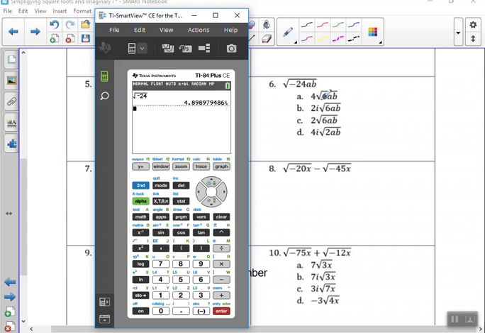Now plug in your answer choice. So I have 4 square root of 6. Hit enter. It doesn't match, right? It doesn't even have the i. So it can't be that. Let me try 2i.